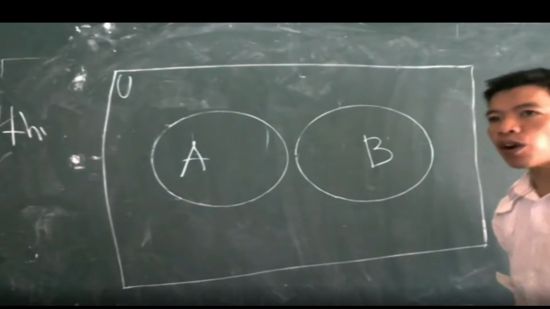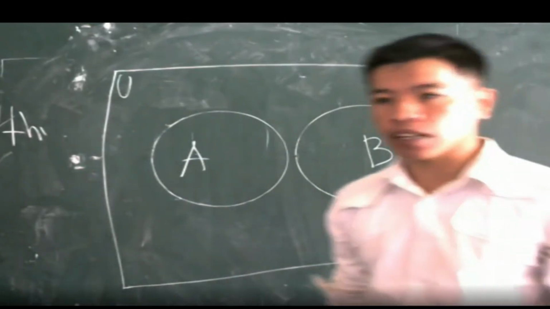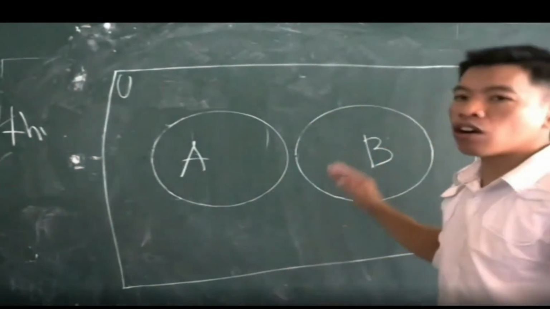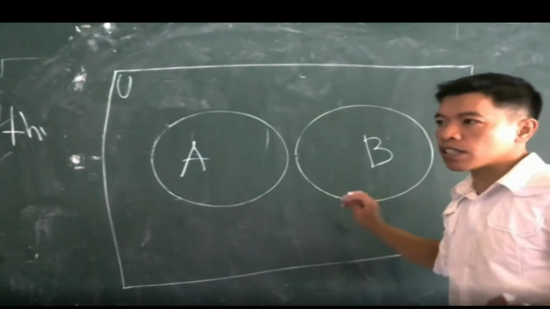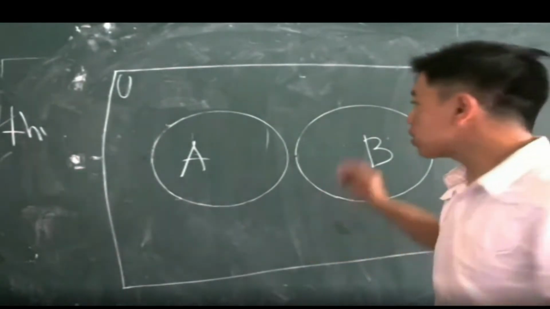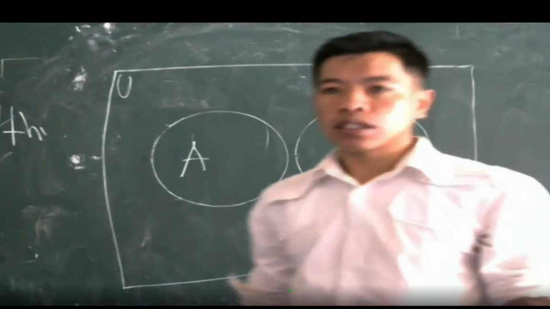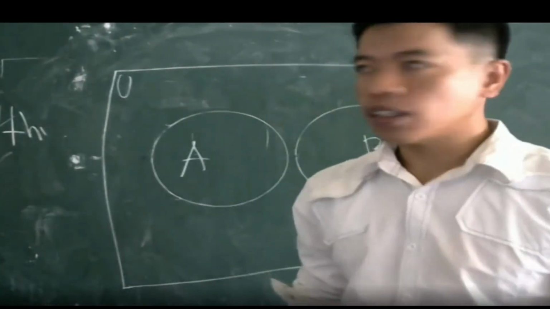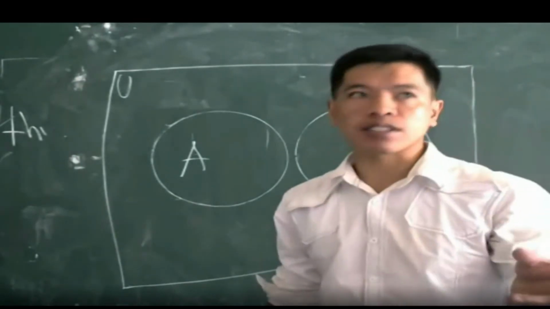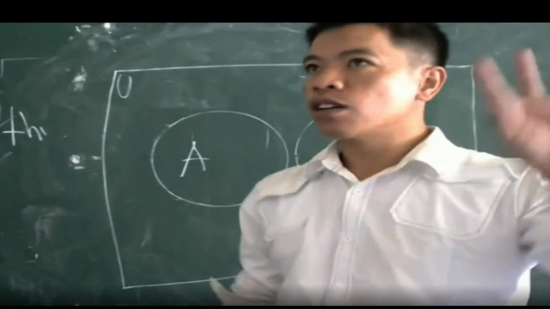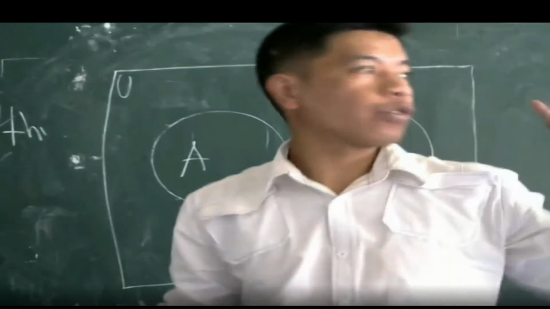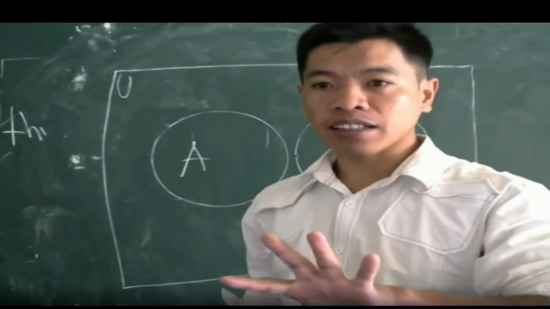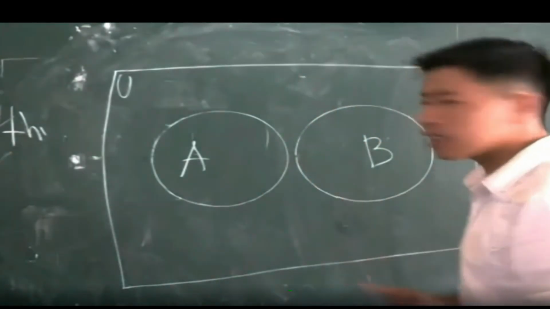Sometimes in your other subjects, because not only in mathematics or in sets do we use Venn diagrams. Also in other subjects, like for example in English, like what is the difference or what are the similarities of female and male, and you will use a Venn diagram.